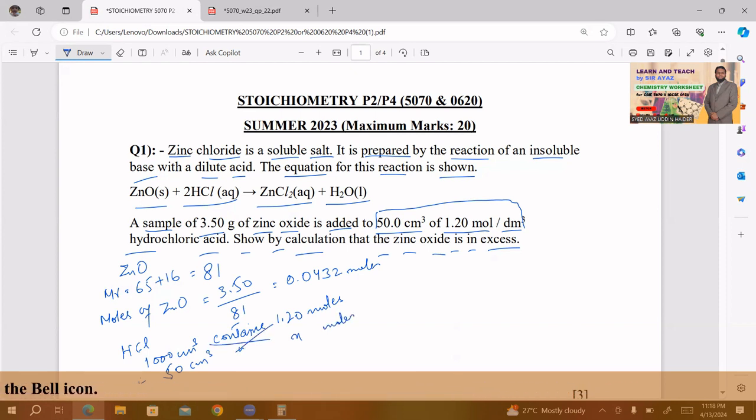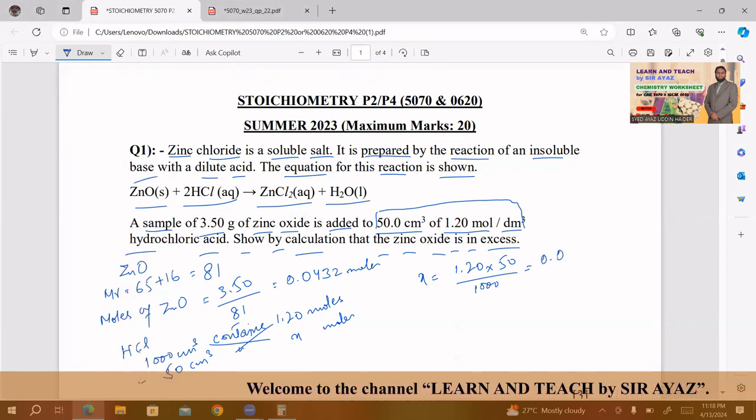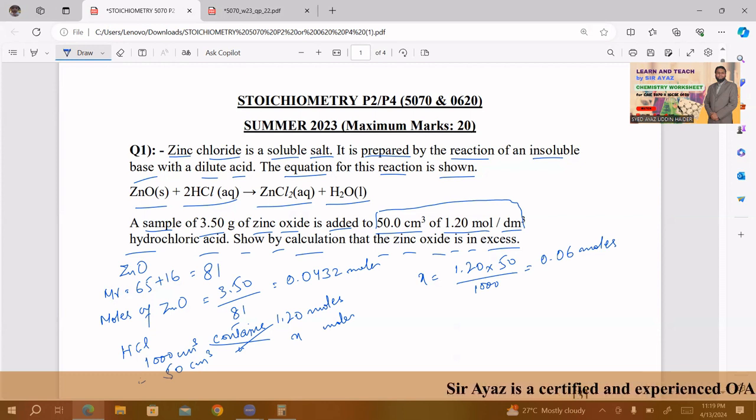Do the cross, what you will get? X is equal to 1.20 into 50 by 1000, which is 0.06 moles.